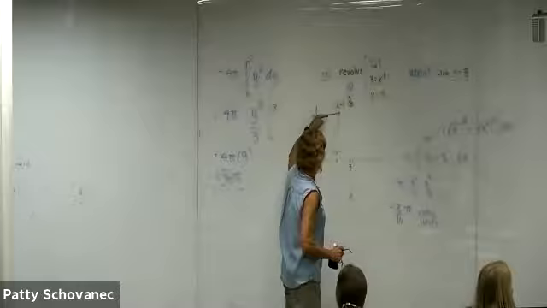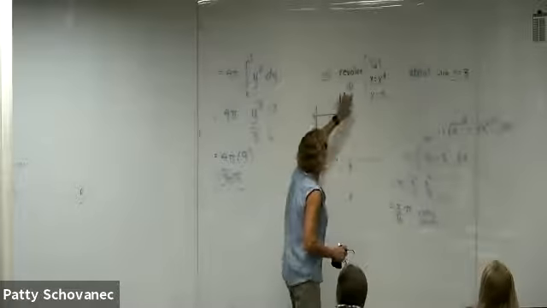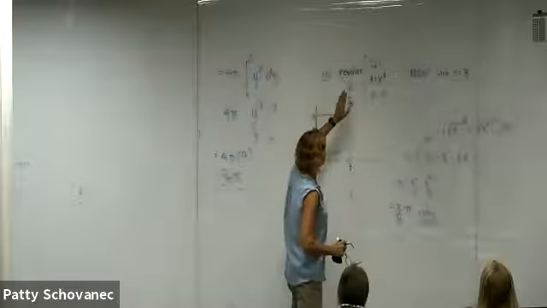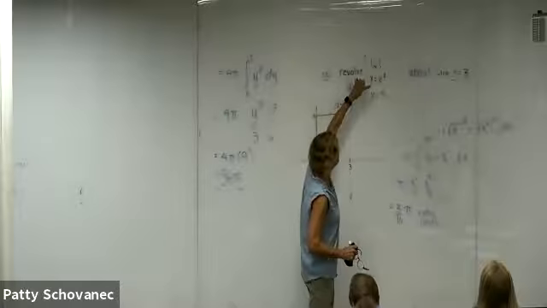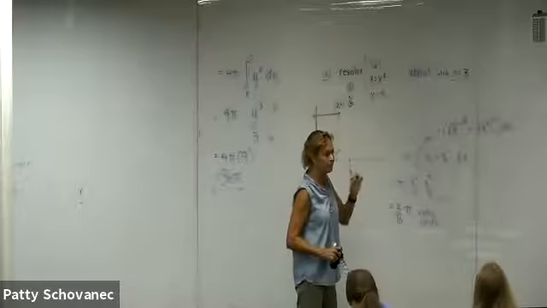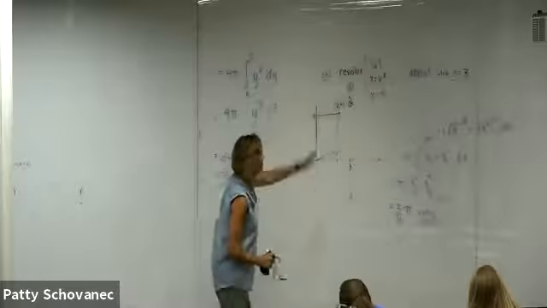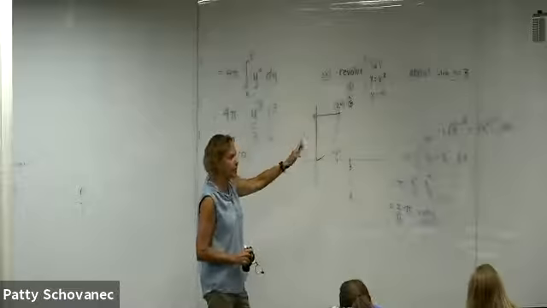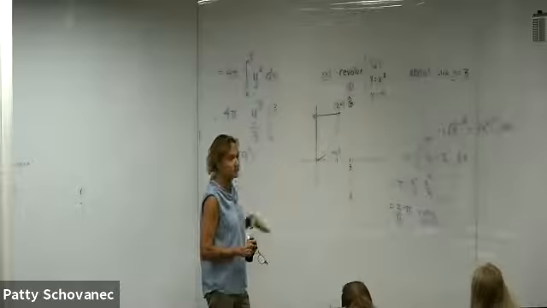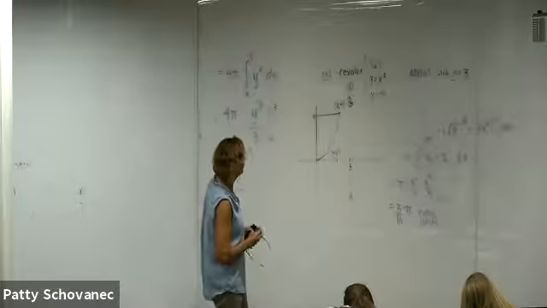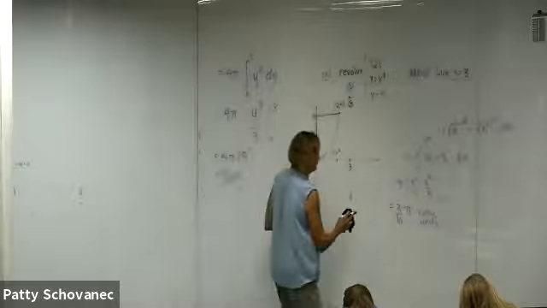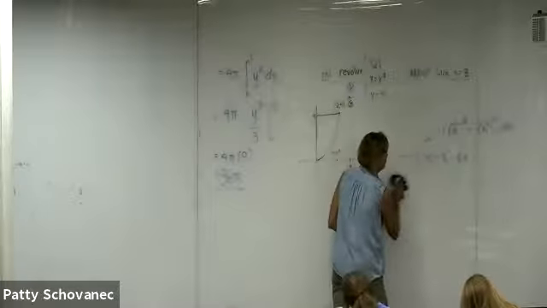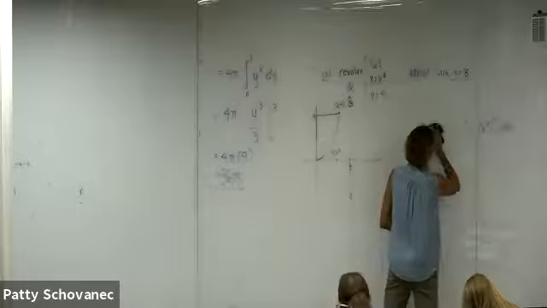R is the region bounded in the first quadrant by the graphs of y is x squared and y is 4. So it's not going to be bounded by the axis of revolution, just by the 2 graphs. Good question.